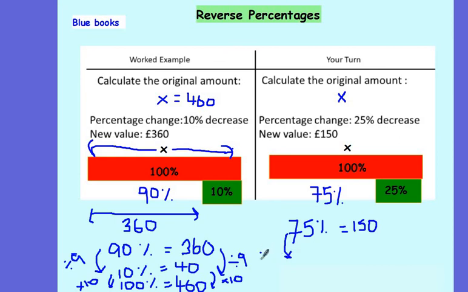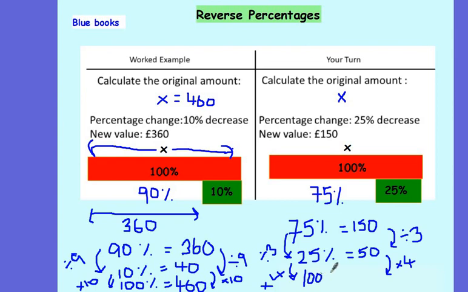If I divide it by 3, I know that 25% is worth 50. And then if I times that by 4, Jonas, what's my original number going to be? 200, excellent. Please make sure you've got this example in your dark blue books, Year 8.